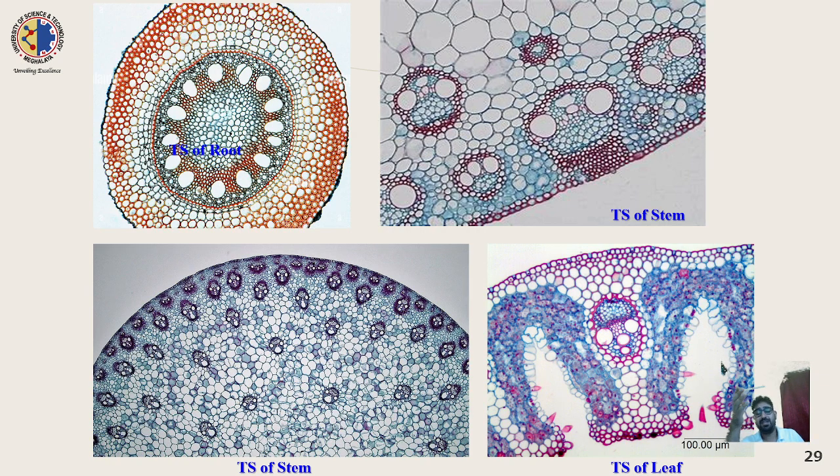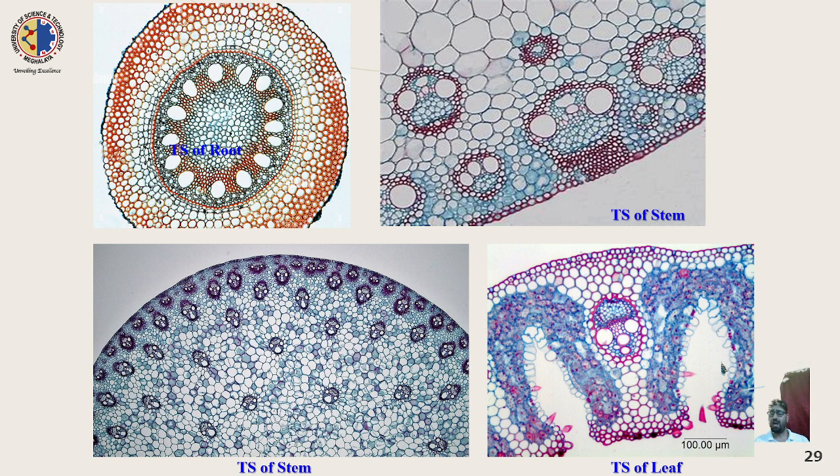In dermal tissue you will find trichomes, and stomata are not present. Cortex, endodermis, pericycle, and pith are completely absent in TS of monocot stem. The vascular bundles are closed type, which means cambium is absent. They are closely joined to form circular rings. These are xylem and phloem.